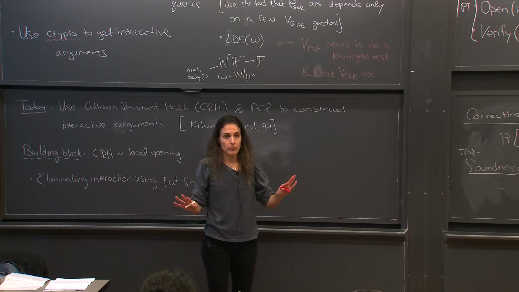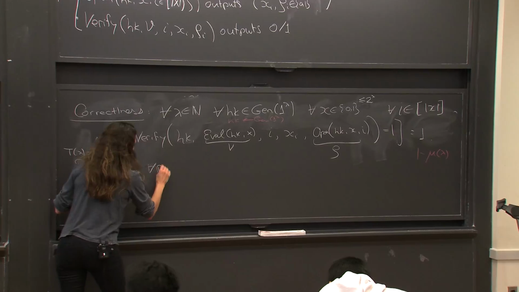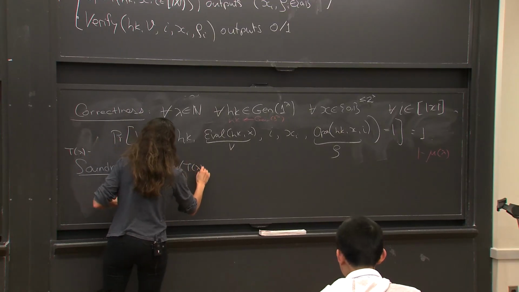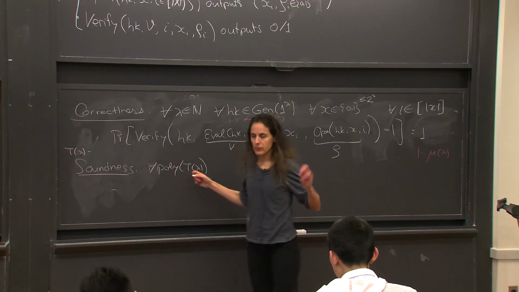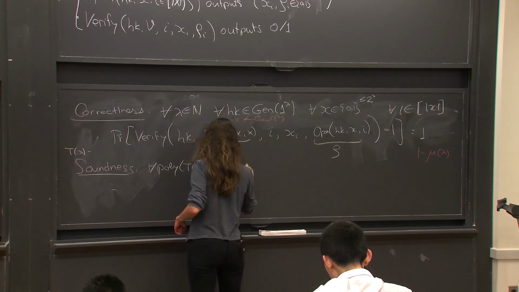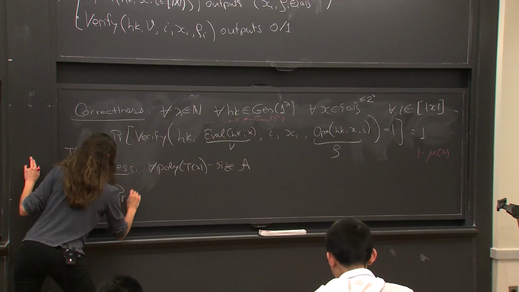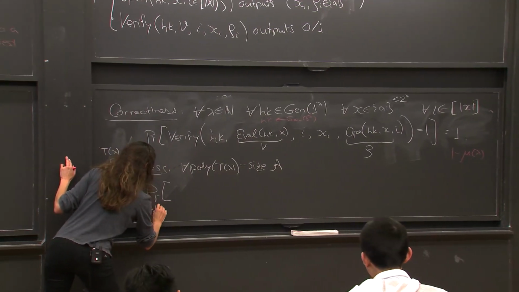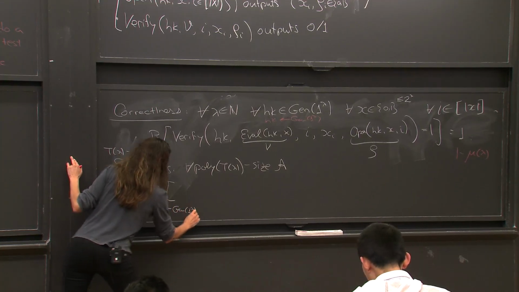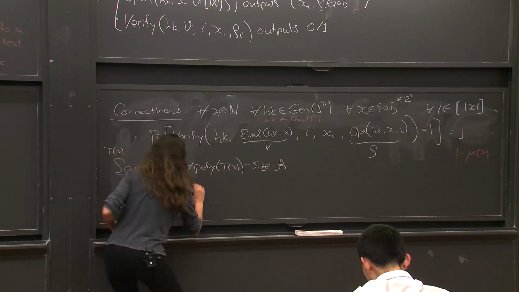It's impossible for him. Let me write it formally. For any poly t, think of t as linear, so poly lambda size adversary, the probability is over the hash key. He gets a random hash key chosen by Gen.